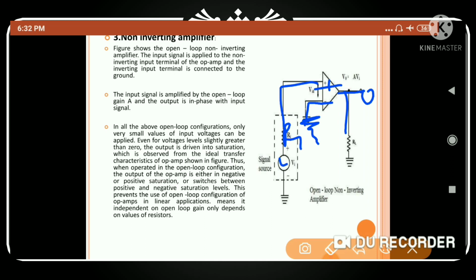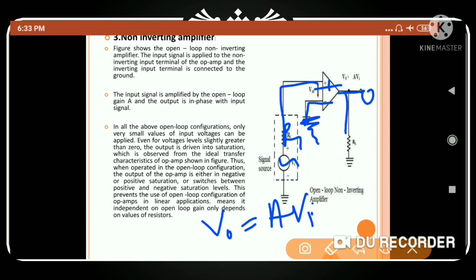This is the signal source. Here V0 is equal to A Vi1. Why not minus here? Because here the output is in phase with the input. So here V0 is equal to A Vi1.